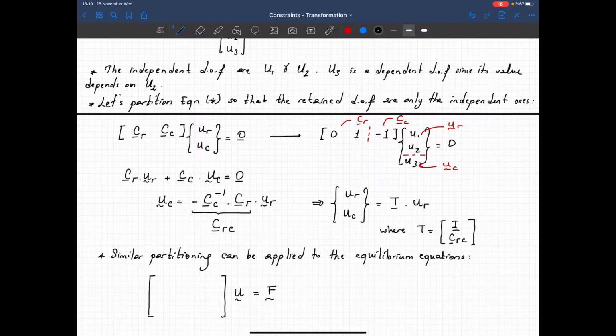In the stiffness matrix, I'll have KRR, KRC, KCR, and KCC. Okay? That's the way we partition the stiffness matrix.